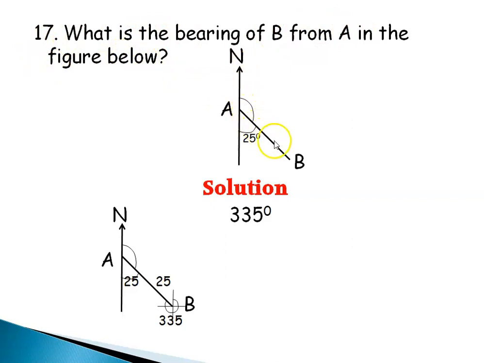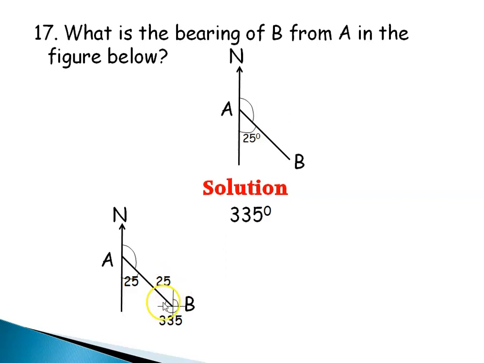So in this figure, you have the bearing of A from B to be 25. Alright, to get the bearing of B from A, we need to put our cardinal points on this point B too. So if this is 25, this will also be 25 because this is an alternate angle. Then the other angle here is going to be 65 since the whole of this is 90 degrees.